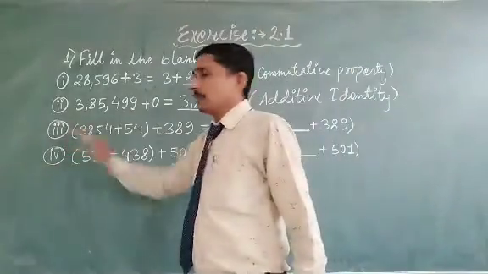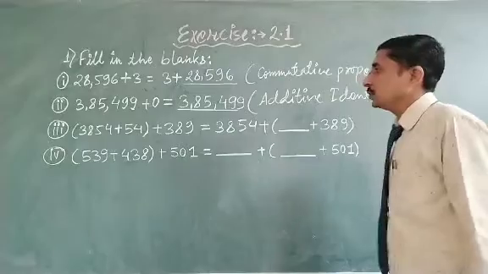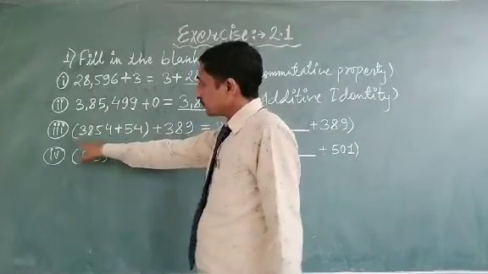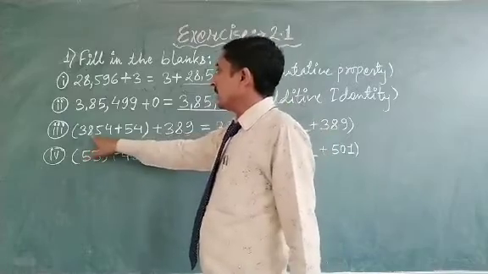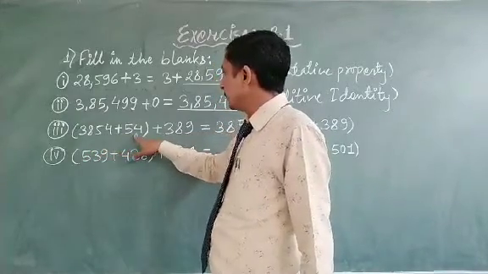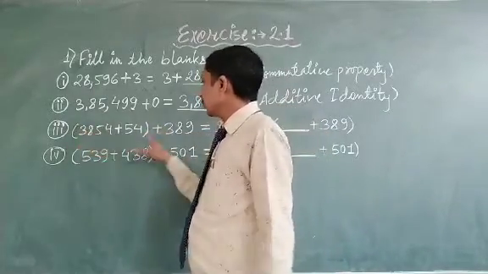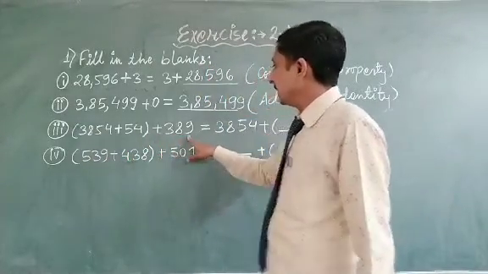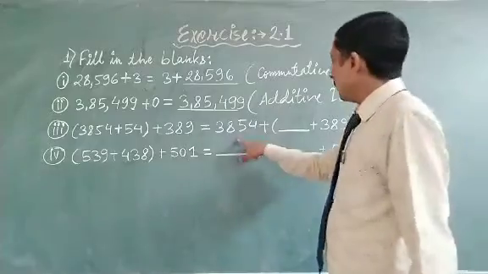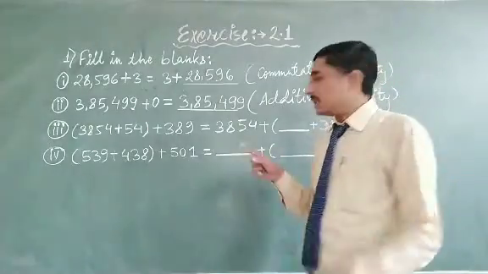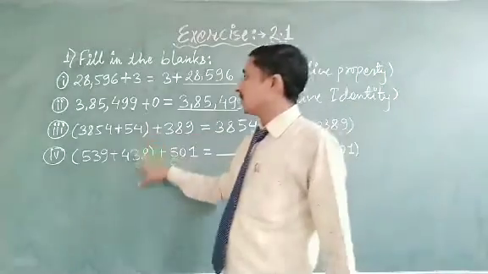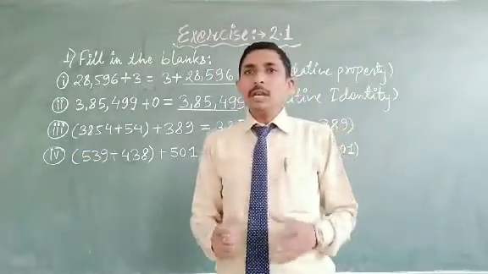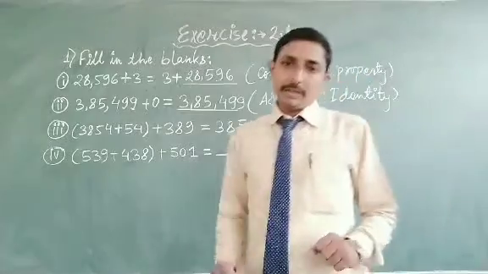Now question number 3. In question number 3, you see the question given is 3,854 plus 54, grouped in one bracket, and after that plus 389. Now, question number 3 and question number 4 use the associative property of addition.